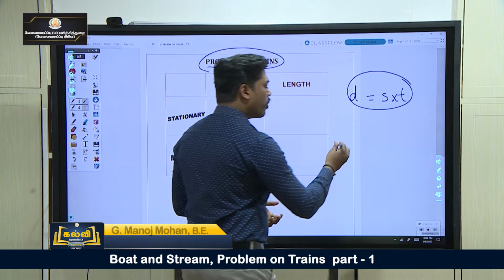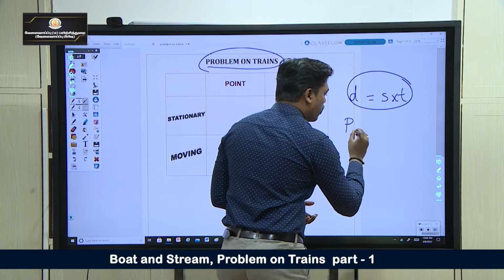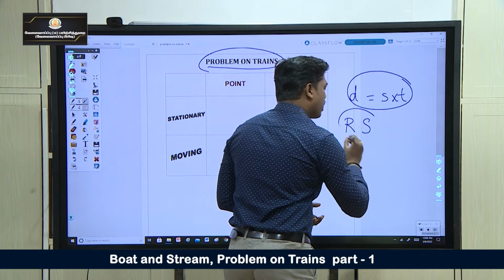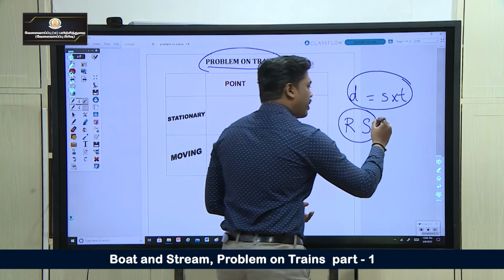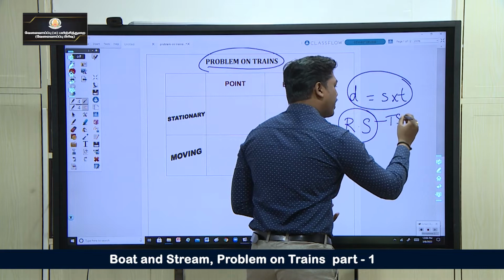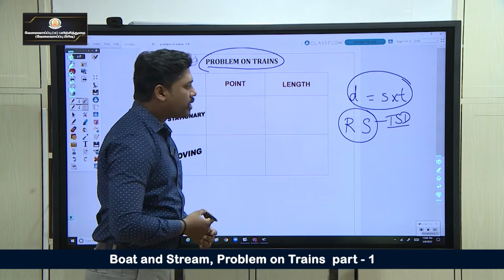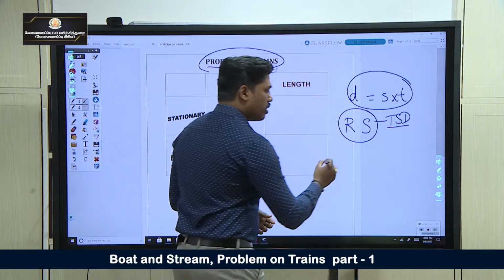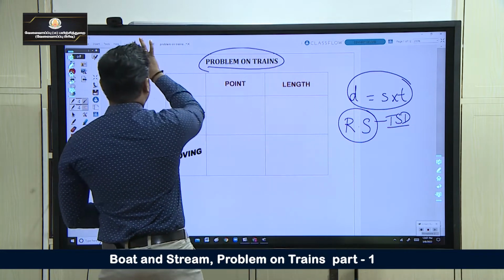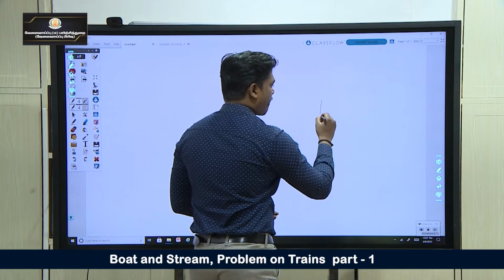And before going on to the topic, you have to know what is relative speed. In the topic called time, speed and distance, I have explained you about relative speed. So what is relative speed?